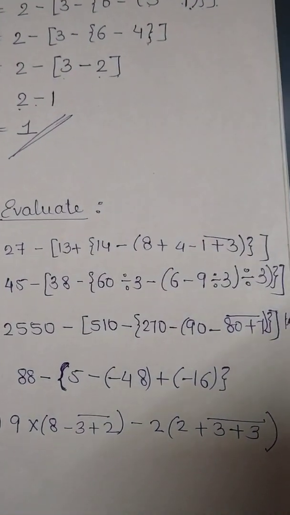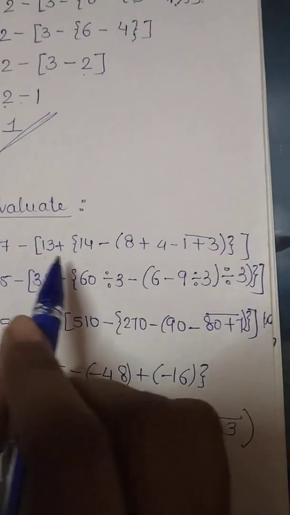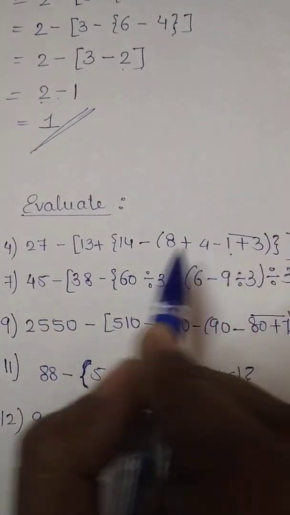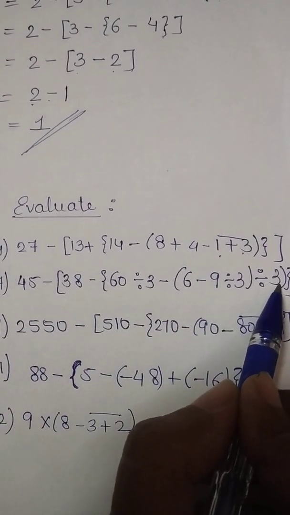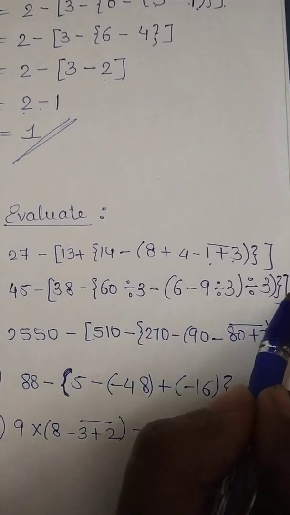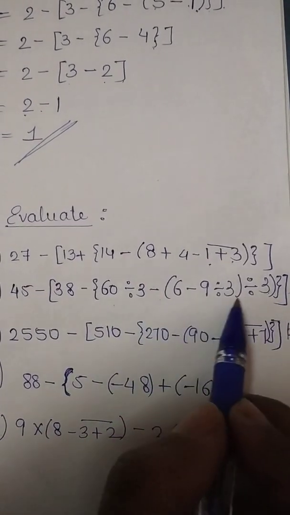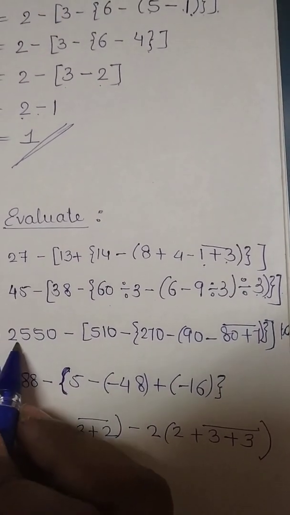Yes, students, these are the sums that you have to do by yourself. See, different signs and also different brackets. Here, I can see the sign of division appears more, so you have to be very careful. Next sum.